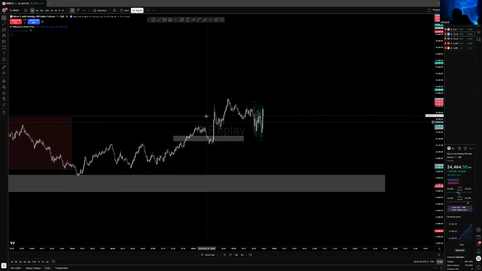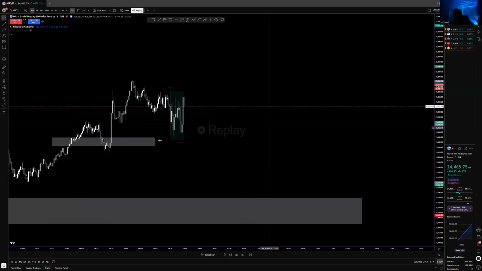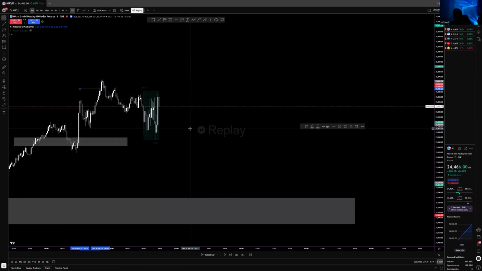We swept out the high, boom, boom. I like that inversion right there. Price again respected that one with the gap, came back down. As I said, price inverted, swept out that third candle low, came back up, rebalanced that inversion, and then came back down.